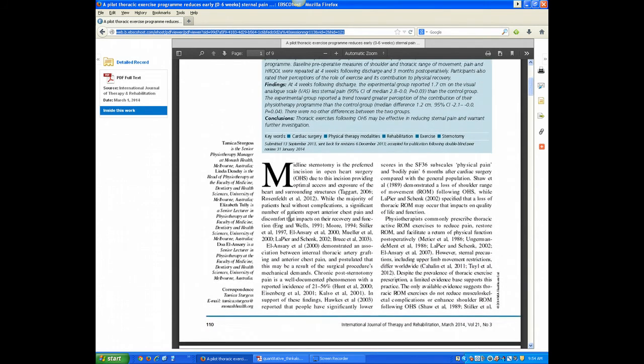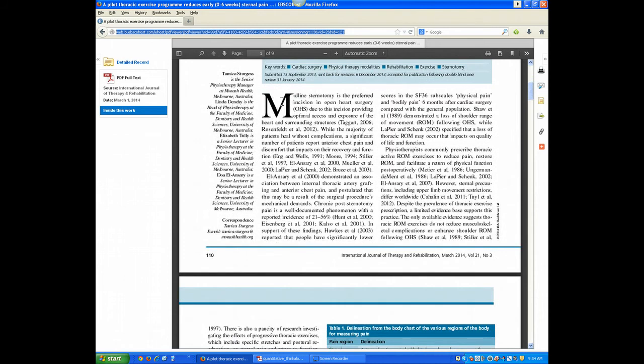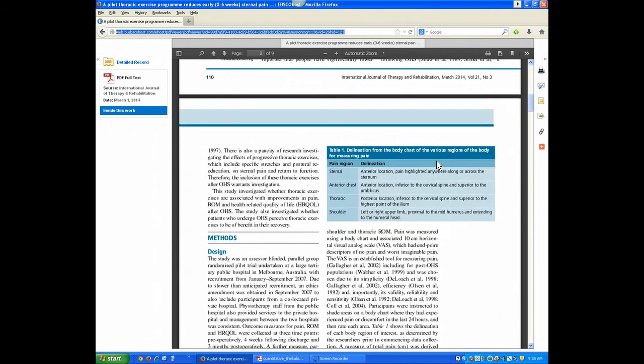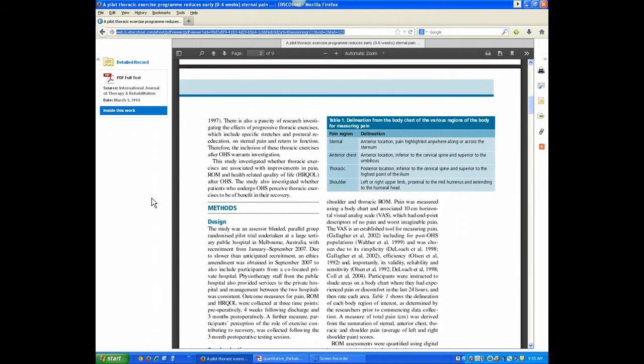I don't see a heading here at the beginning, but I can see that already the researchers are referencing other studies that have been done. And as I scroll down, I now see that we've got a heading for the methods section of the article, along with some definitions of terms that the researchers are trying to establish.